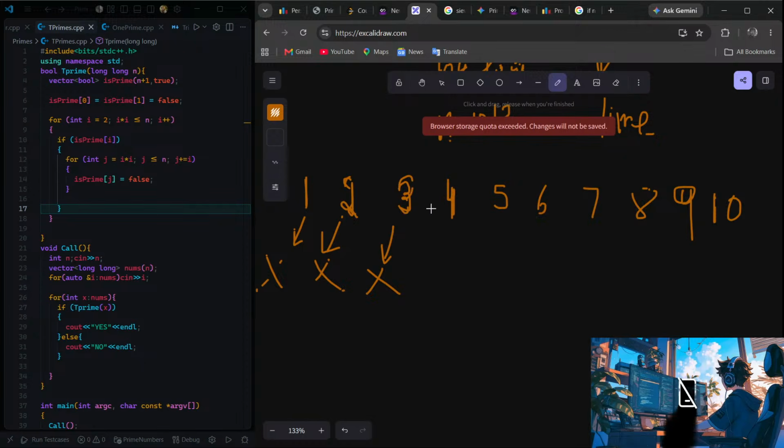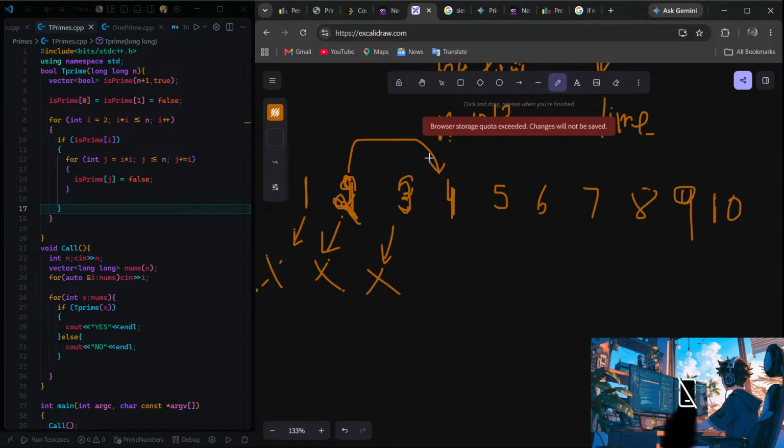So for 4, what will I do? I have to mark. How will I mark? Suppose I see 2 here, I know that 2 is not a T prime. So what is the factor of 2?